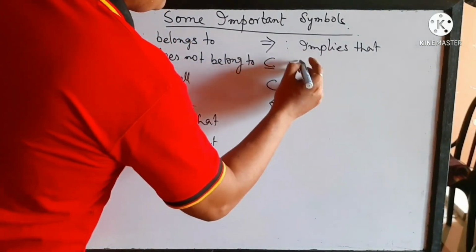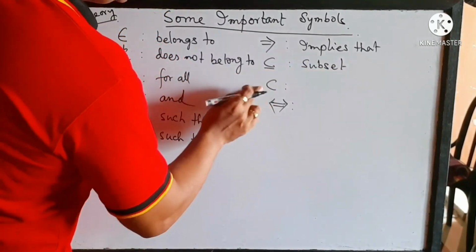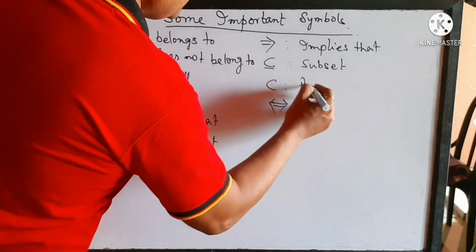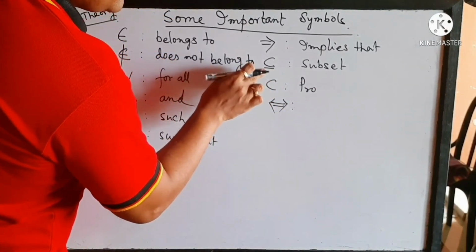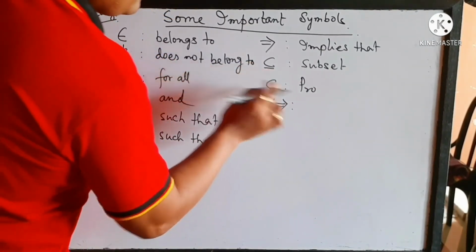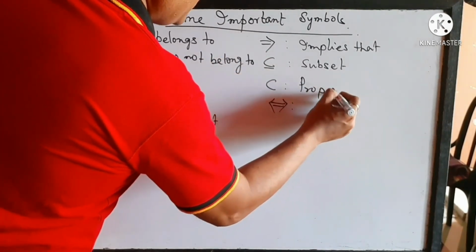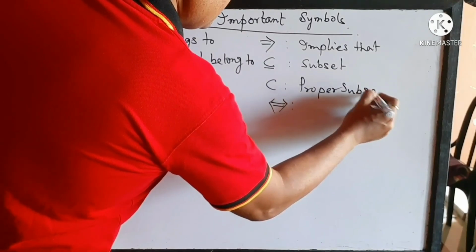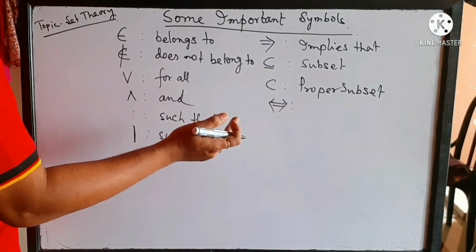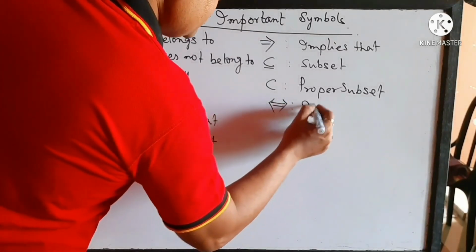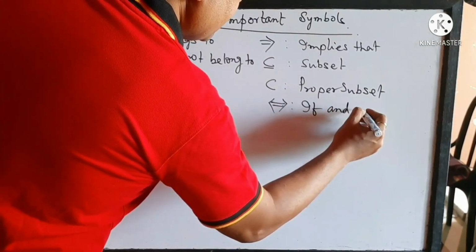This symbol is for subset. This symbol is for proper subset, not this equality, not this line. Without this line, this symbol is for proper subset, and this is the both-side implication. It will be used to represent the if and only if condition.